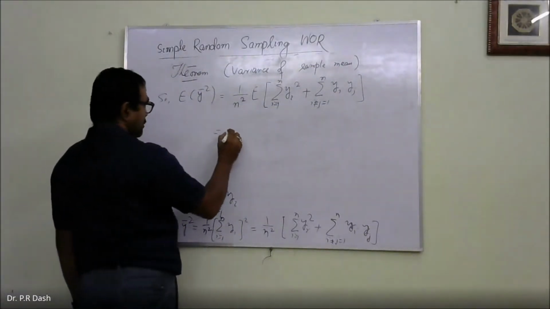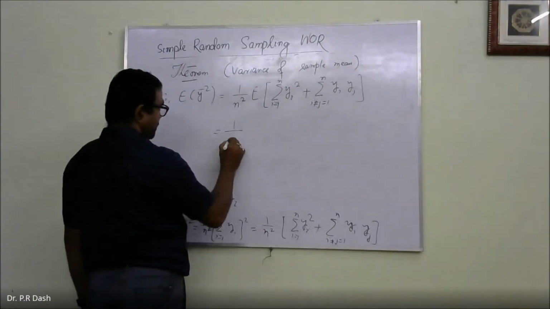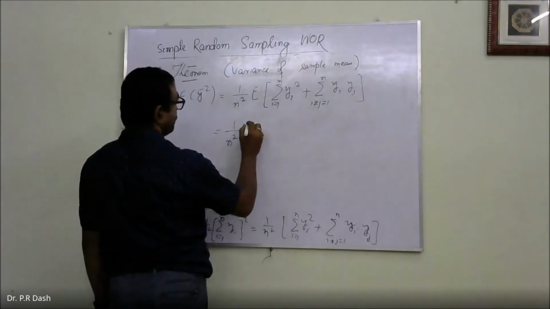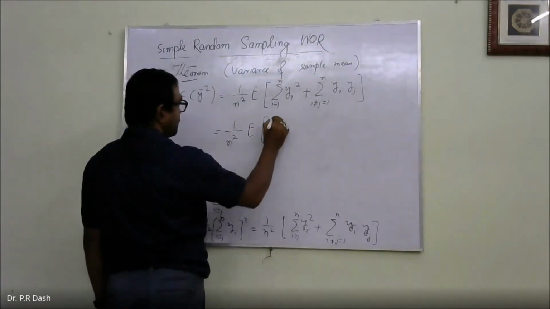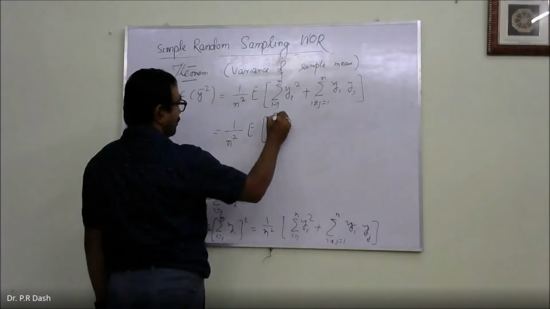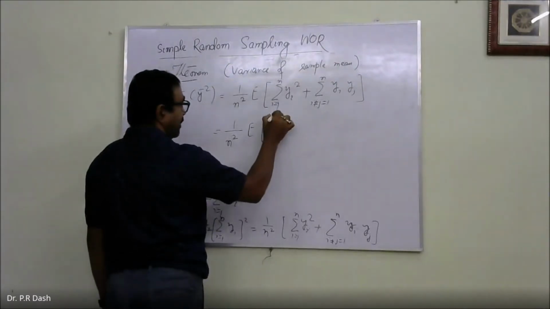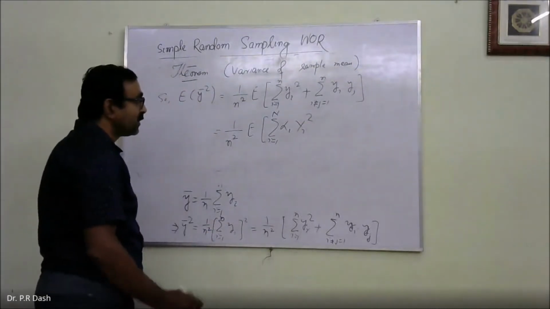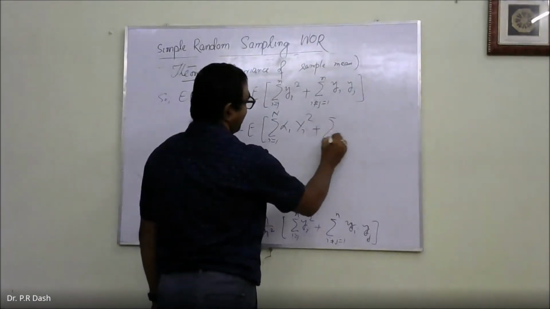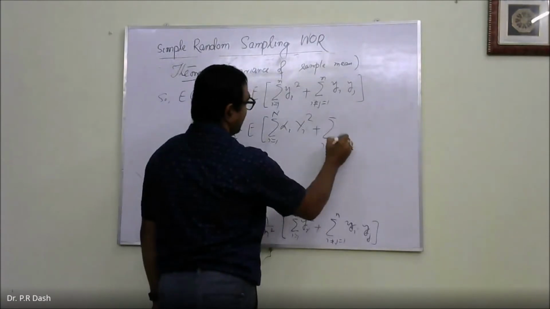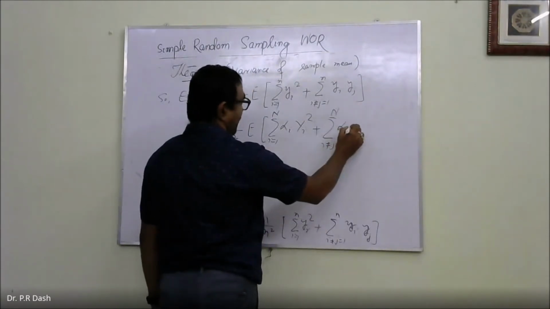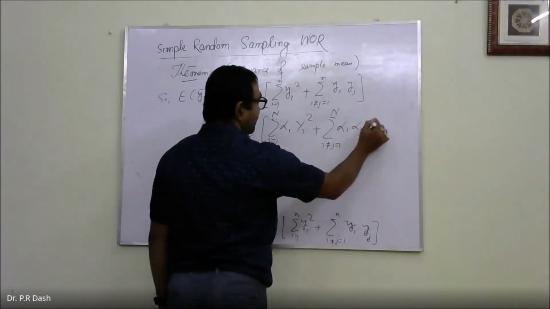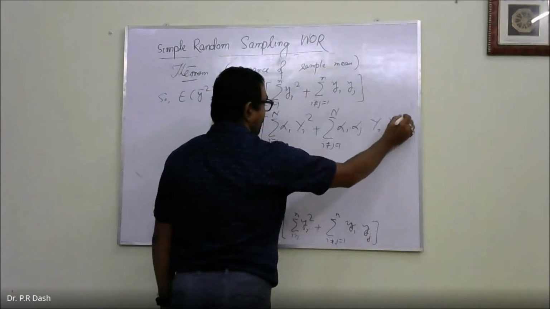Now this is equal to 1 by n square expectation of summation i equal to 1 to capital N alpha i square y i square plus summation i not equal to j varying from 1 to capital N alpha i alpha j y i y j.